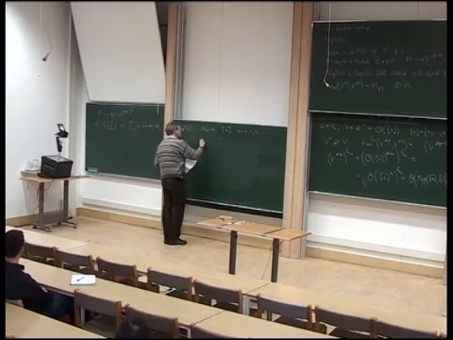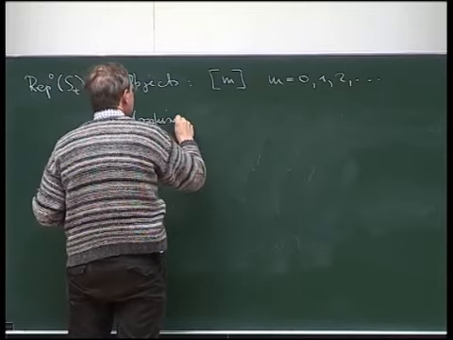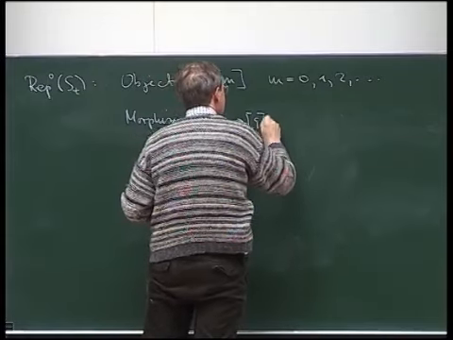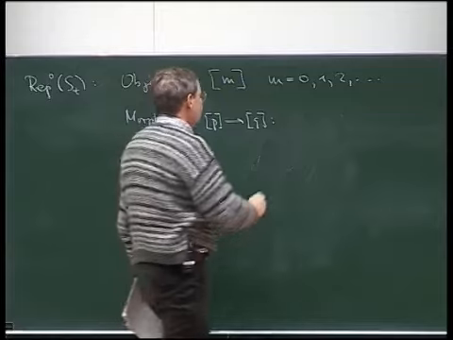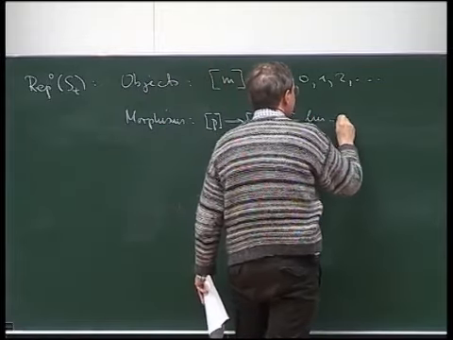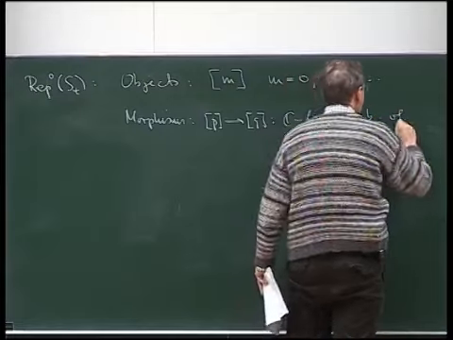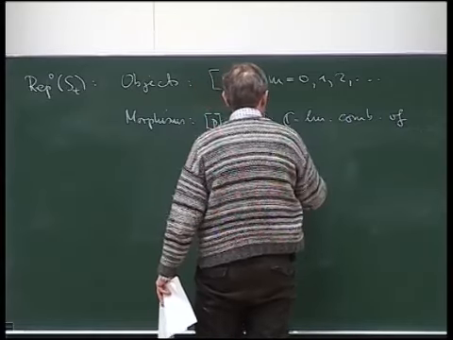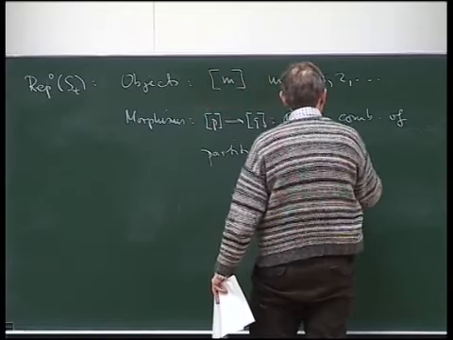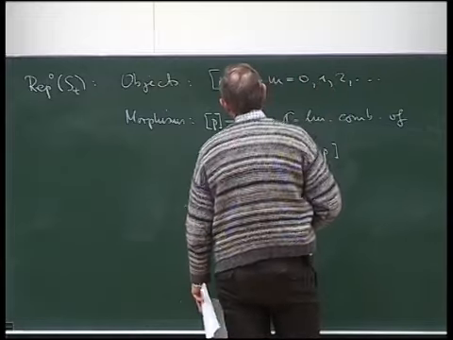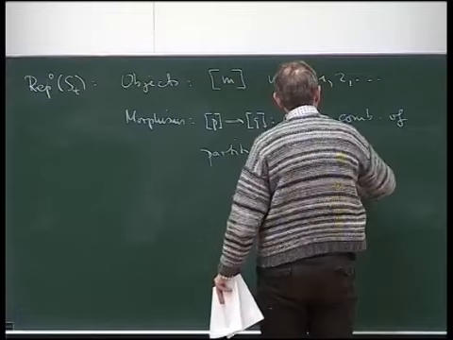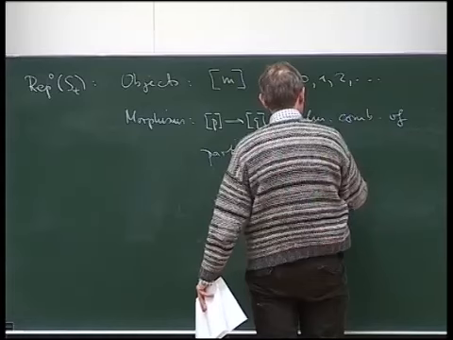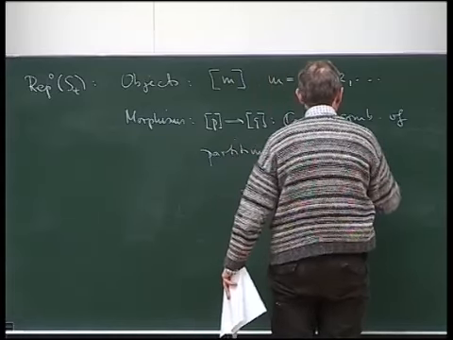Morphisms from P to Q are just C-linear combinations of partitions of the disjoint union, and basically of the union of P and Q. Let's write it like that.